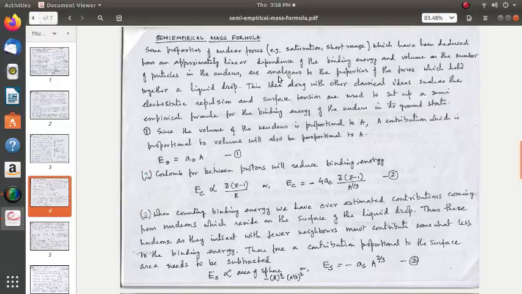These are analogous to the properties of the forces which hold together a liquid droplet. This idea, along with other classical ideas such as electrostatic repulsion and surface tension, is used to set up a semi-empirical formula for the binding energy of the nucleus in its ground state.